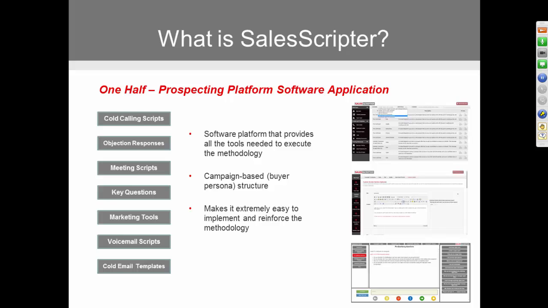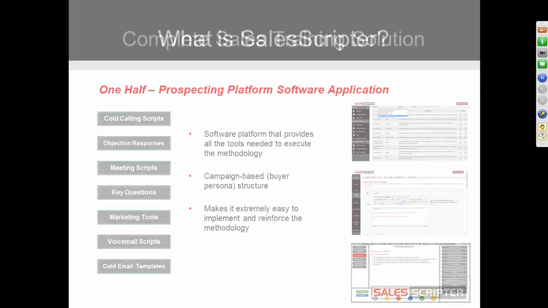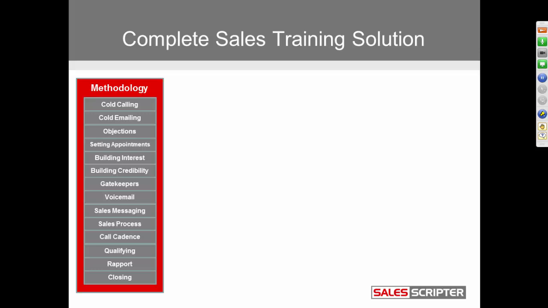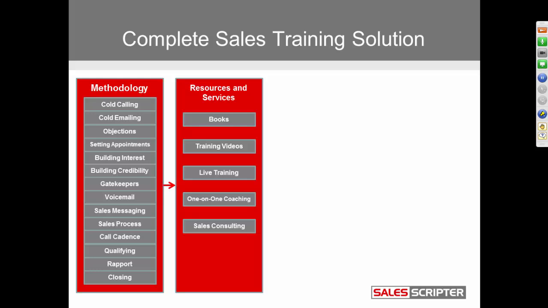The way it does that is because, as I mentioned, you go back to some of the same places like your pre-qualifying questions and your objection responses. Our objections map displays where you should go after it helps you create your value statement, your qualifying questions and whatnot. The way we help people is we provide a complete sales training solution. So half of it is our methodology.